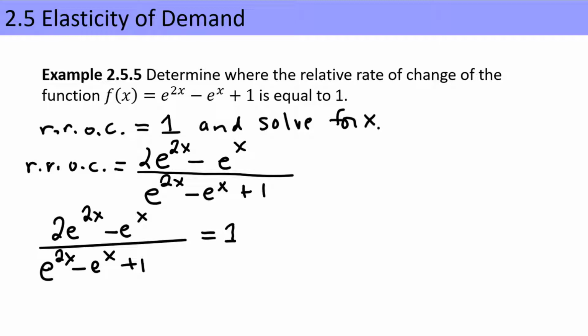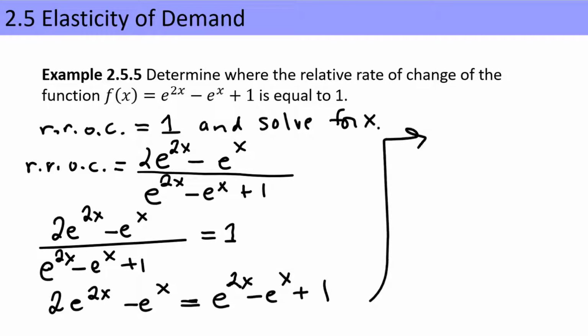Let's multiply through the denominator, and so this equation becomes 2e to the 2x minus e to the x is equal to 1 times e to the 2x minus e to the x plus 1. Let's proceed to solve.